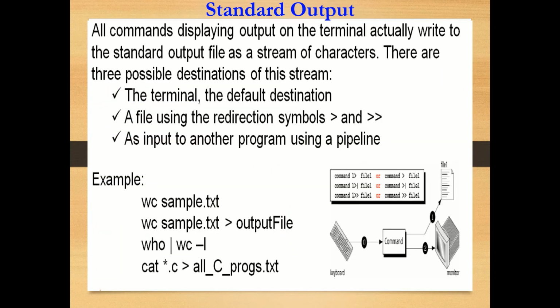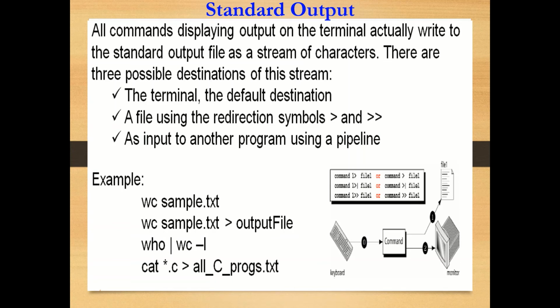The second standard file is standard output. All commands displaying output on the terminal actually write to the standard output file as a stream of characters. There are three possible destinations of this output stream. First one, the terminal, that is the default output stream or default destination.